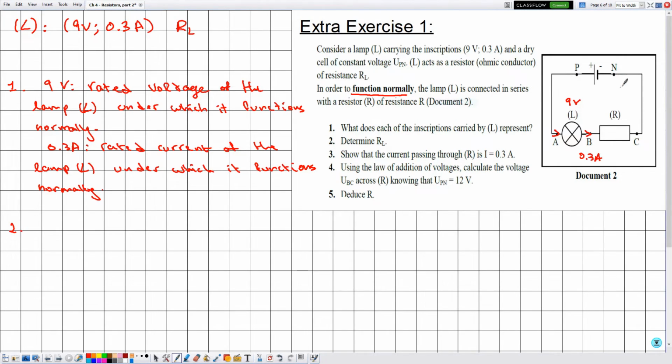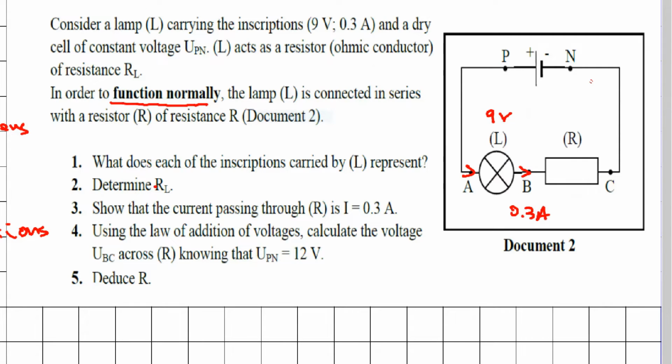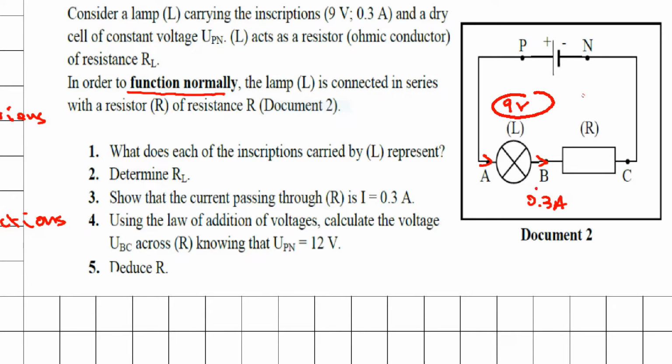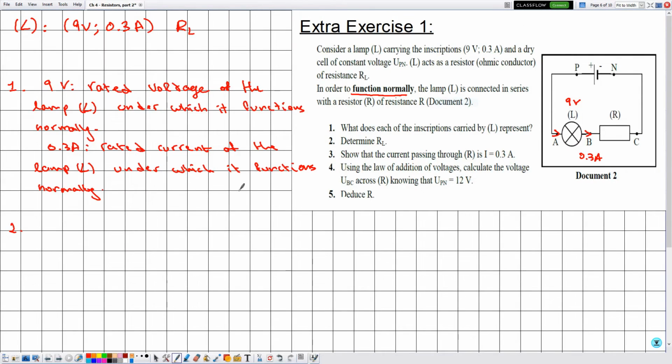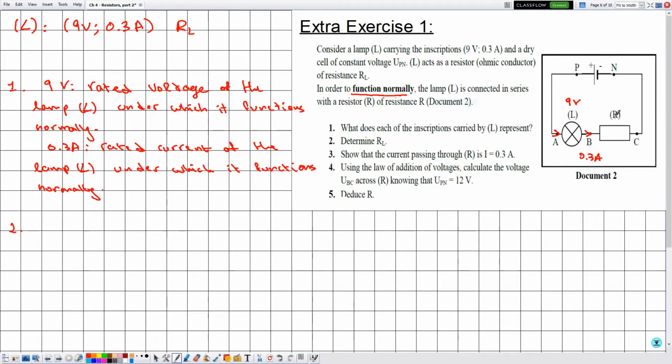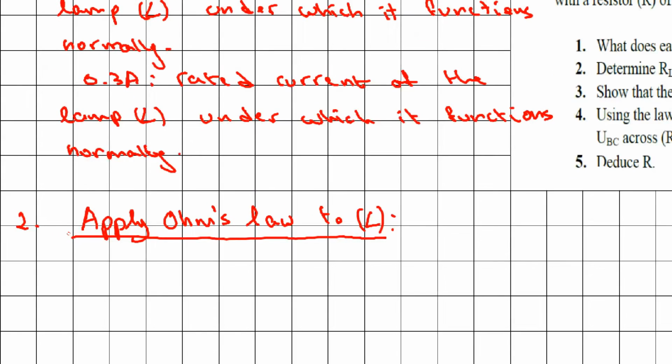Now as for number 2, they are telling me determine RL. So knowing that the voltage across the lamp is 9 volts and the traversing current is 0.3 amperes, then we can apply Ohm's law. Here we have 3 electric components, the battery and the lamp and the R, but because we are determining RL, then we need to apply Ohm's law to L. Always in physics we need to mention the law that we are using, so they usually give it half a mark.